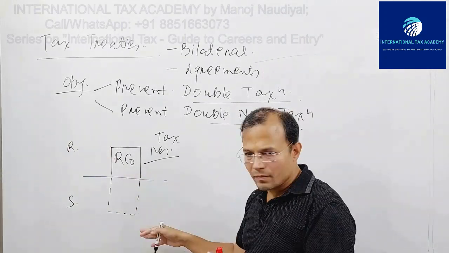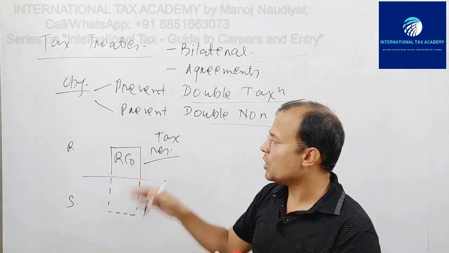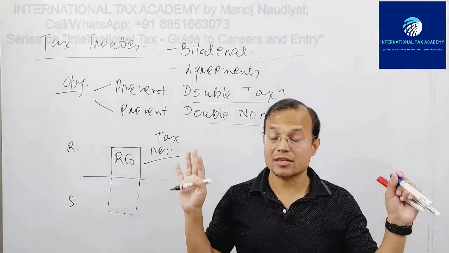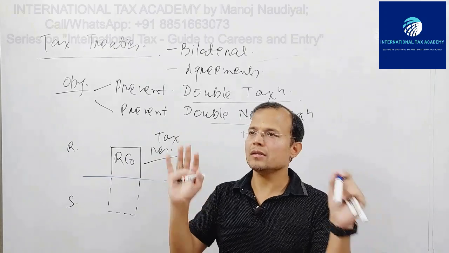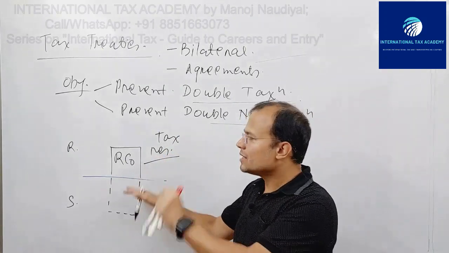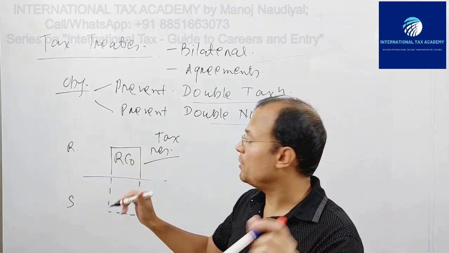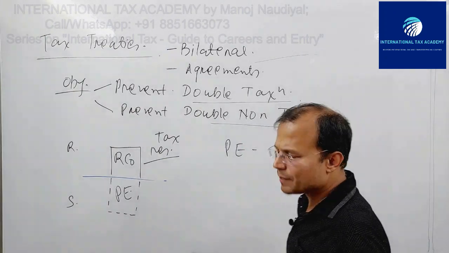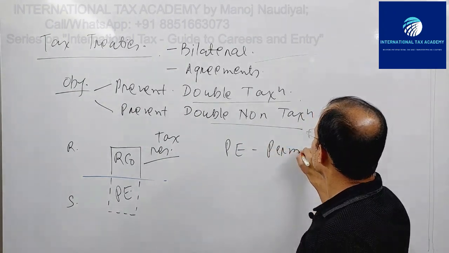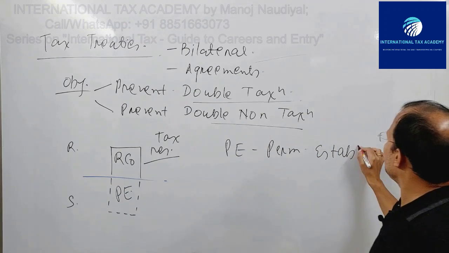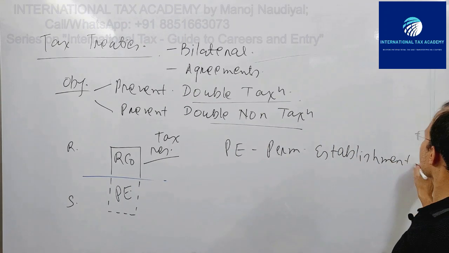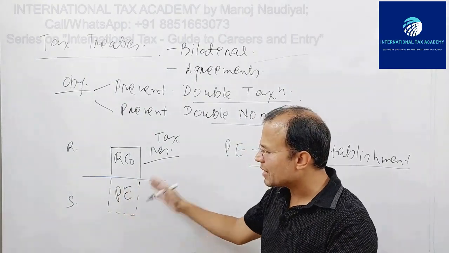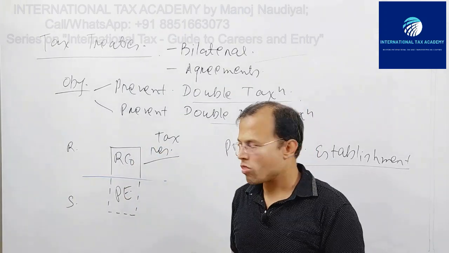This extension of RCO into S, by which RCO conducts business operations in S, is the branch, and in international tax terminology, when certain conditions are satisfied, this branch is known as a permanent establishment. This is PE. PE stands for the very, very important concept, permanent establishment. Let us assume that RCO has a PE in country S and business is being conducted in S by this branch.